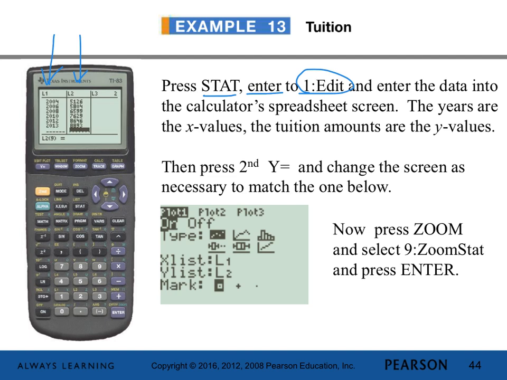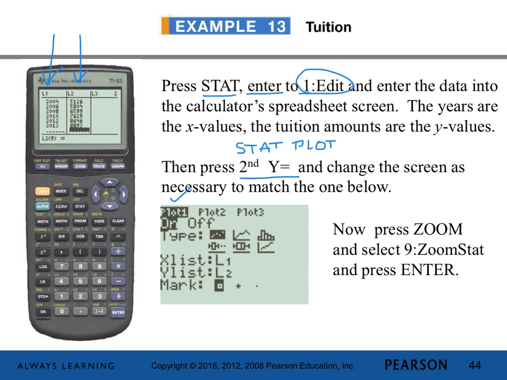You're going to press second y equals, and change the screen as necessary to match this one here. Second y equals is your stat plots. So you're going to choose option number 1, which is plot number 1.